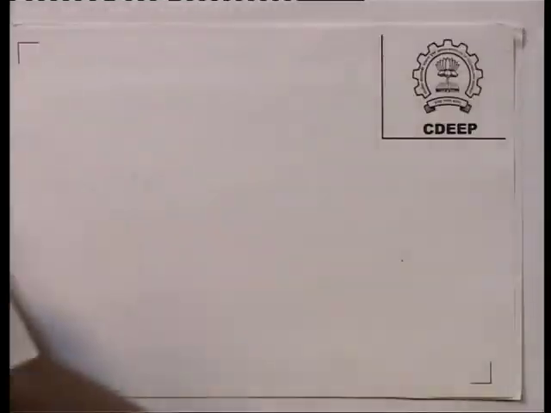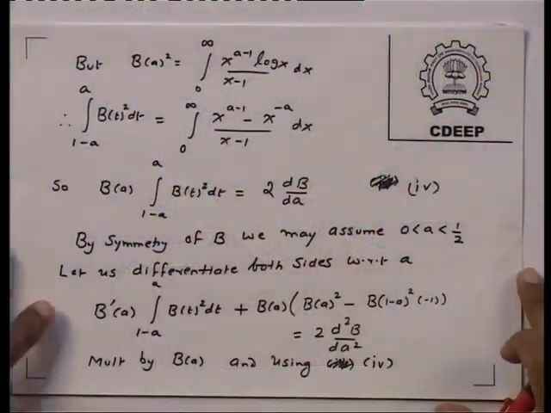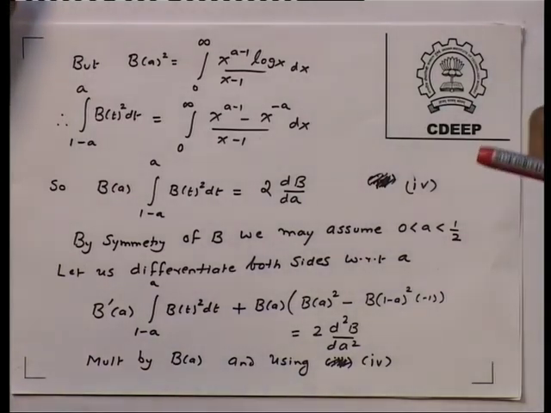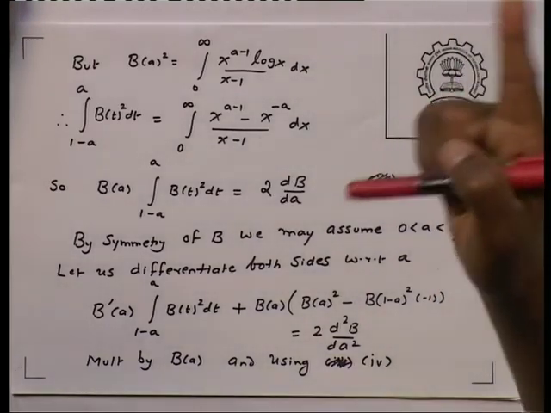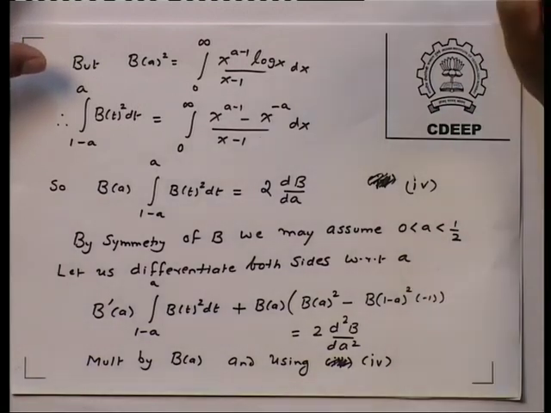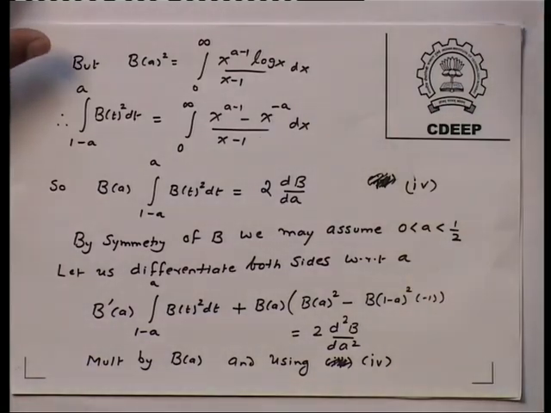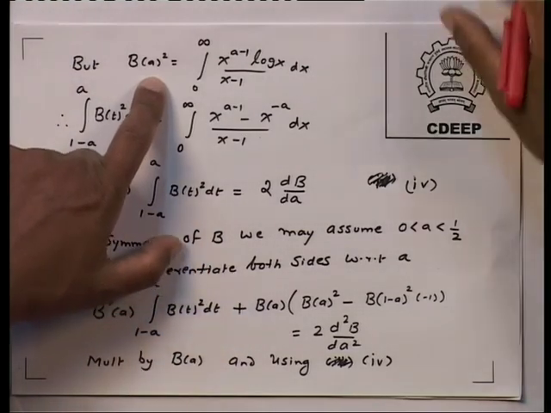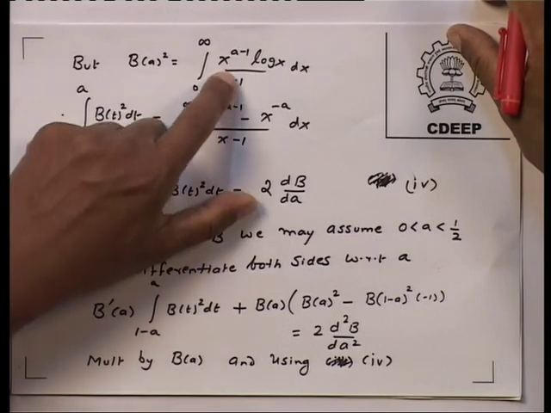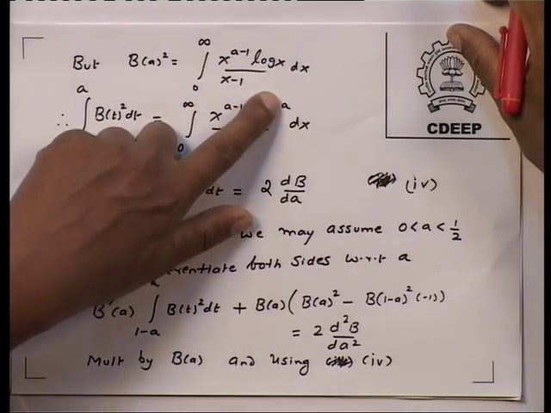But remember, one of the equations that you wrote down was B'(a) squared. Do you have it written down? B'(a) equal to the integral 0 to infinity x^(a-1) log x upon (x - 1). Have you written it? Now integrate this from 1 minus a to a. Instead of a, you take it as t, so B(t) squared equal to the integral 0 to infinity x^(t-1) log x upon (x - 1) dx.